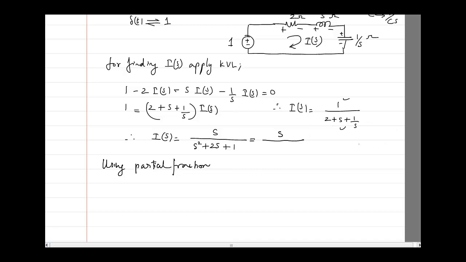So I can factorize the denominator using the quadratic equation as S plus 1 into S plus 1, or I can write it as S divided by S plus 1 square.